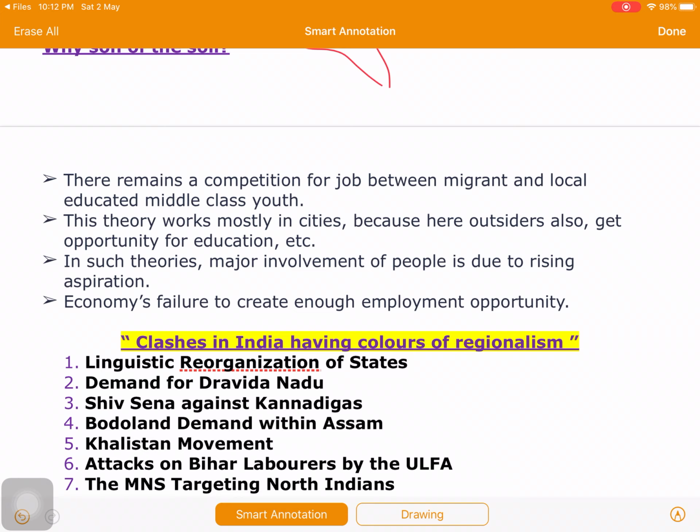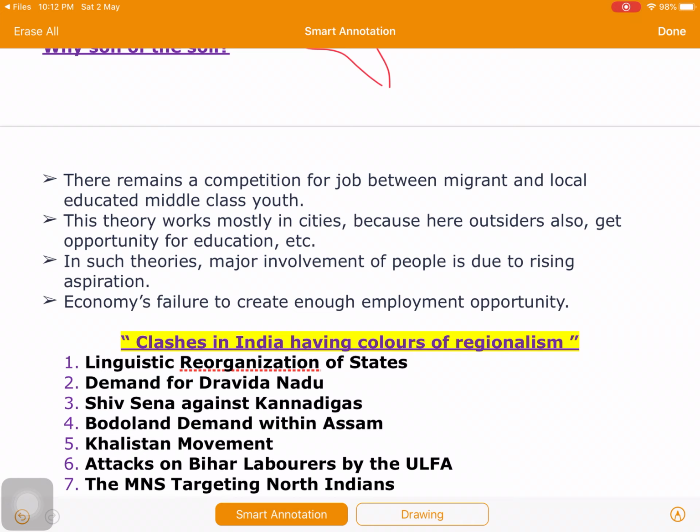So this is what this doctrine, son of the soil, is explaining. It is clearly saying that local priorities are to be given, and that locals can be defined based on the language the local people are speaking, and the status of local residents is to be given to those people.